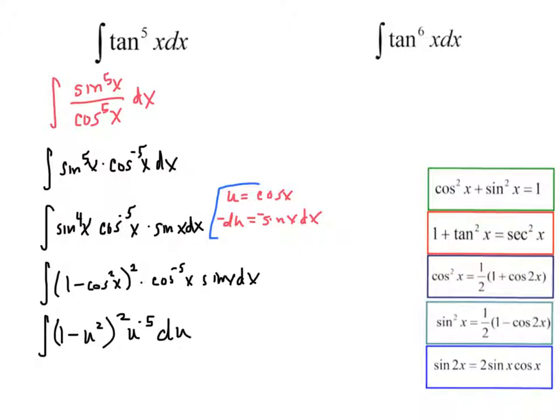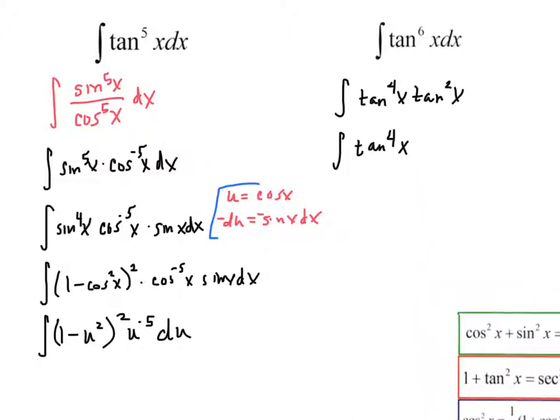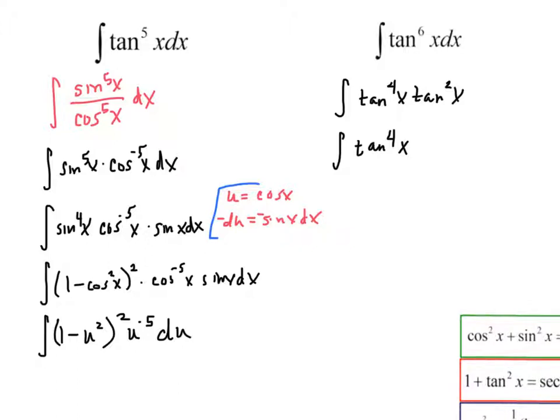Now, an even power of tangent, I'm going to peel off one of the tangents, or I'm sorry, tangent squared. So I'm going to have it like this. Okay? So then I could rewrite this as the tangent to the fourth times secant squared minus 1.